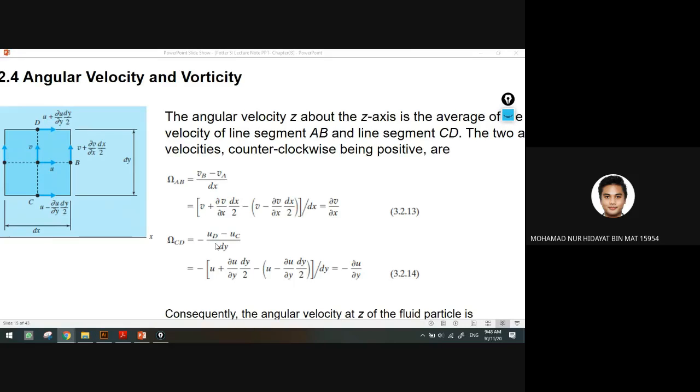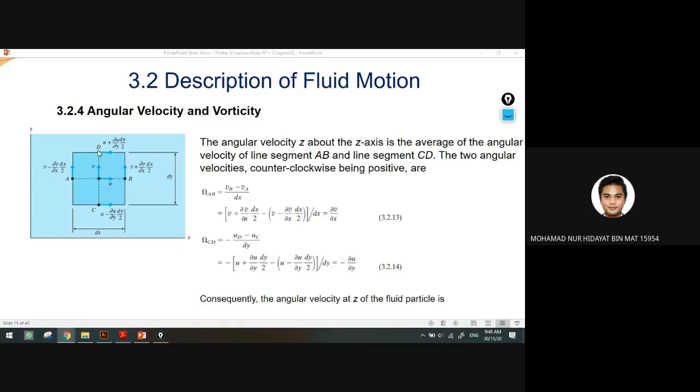So that is why it is negative, because the thumb is facing downward. So UD is D minus C, that is, D minus C over the distance in y, the change in y. Finally, you substitute those values in this equation over dy and simplify. You get negative partial derivative of u over partial derivative of y.